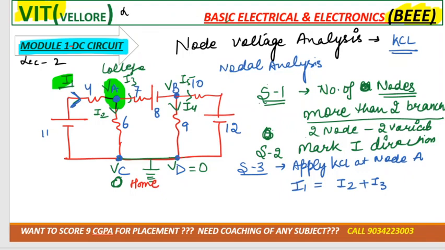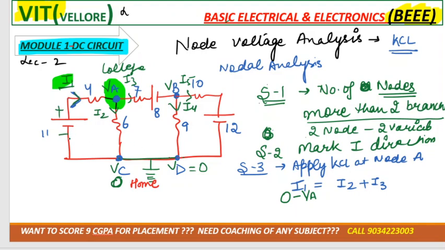We'll look at the current direction which we have marked. It's not necessary that we mark it according to the battery direction. You can mark it according to your own convenience. So again I'm asking the same question. I1 is you. You are moving from home 0 to VA. So it would be 0 minus VA.